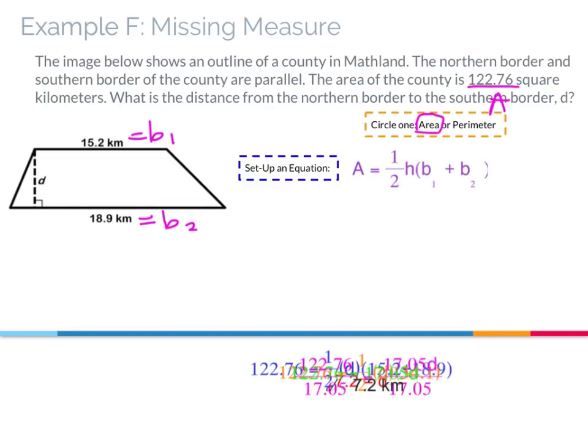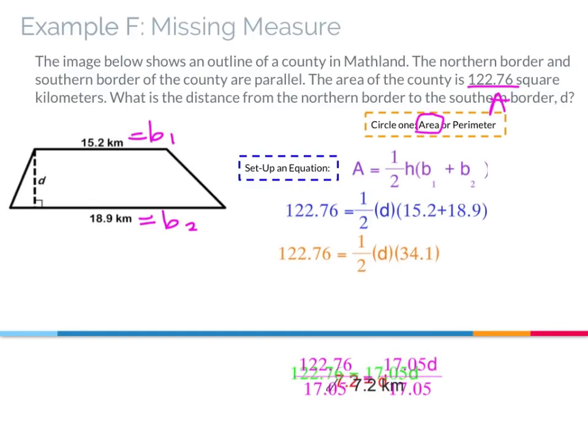So if I substitute all of that into our formula, I get 122.76 is equal to 1/2 times d times 15.2 plus 18.9. Now I have to use orders of operations to solve, so I need to add the 15.2 plus the 18.9 together inside my parentheses, and that will give me 34.1.